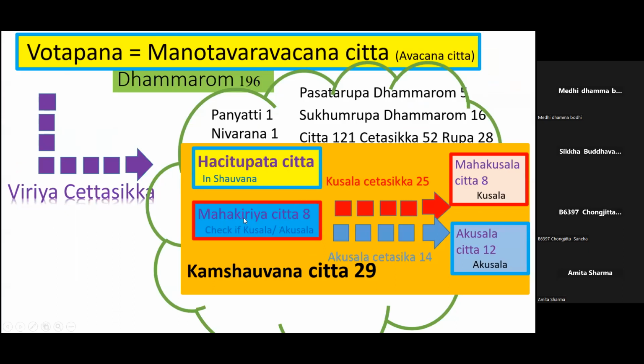So from Mahakiriyachita 8, go to Mahakusalachita 8 via Kusala Cetasika 25 already. It's going to cause at least Manusa 1 and Tevada Rupa 8, of course. So it's a very, very important thing, and we have at least done that already.